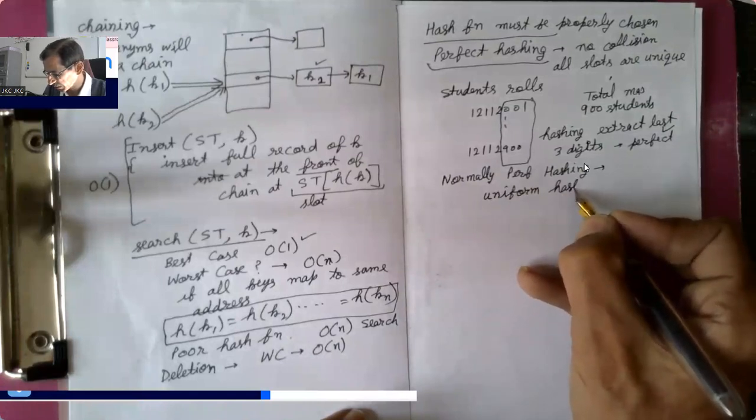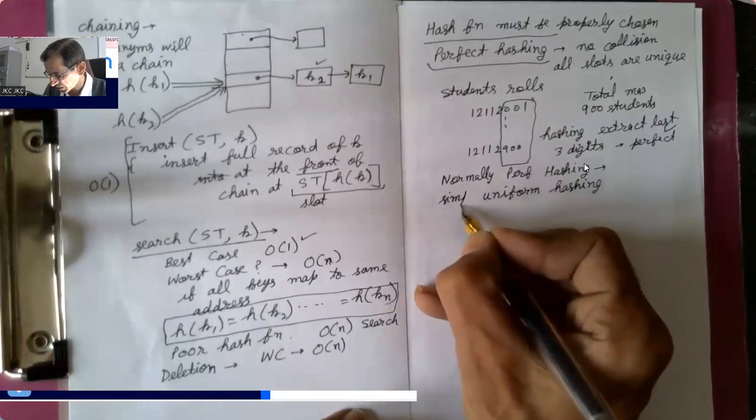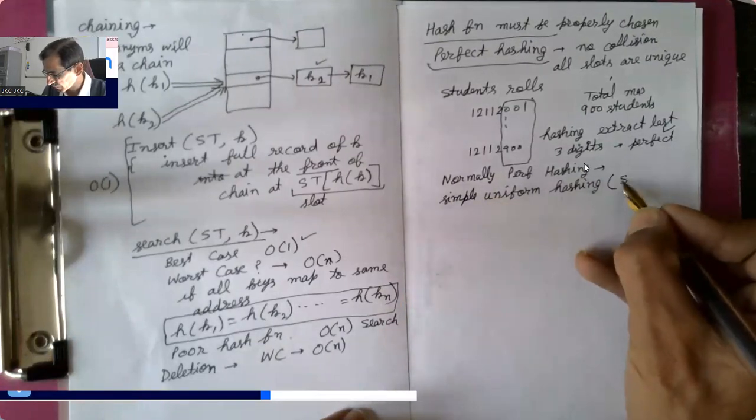What does uniform hashing mean? Or I will say the better word is simple uniform hashing, SUH.